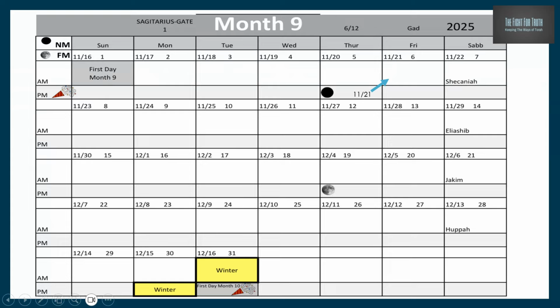We need to include the associated moons for the given months. Otherwise, we've shifted out of the calendar. You cannot have a Scorpio new moon in a Sagittarius month. It must correspond: Sagittarius, Sagittarius, Scorpio, Scorpio. The moon and the sun are witnesses to each other.